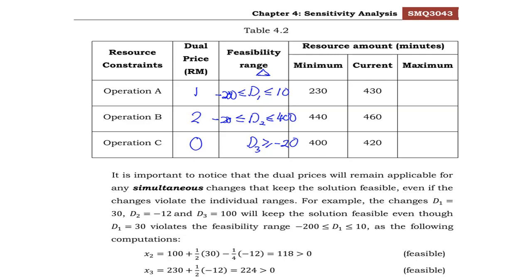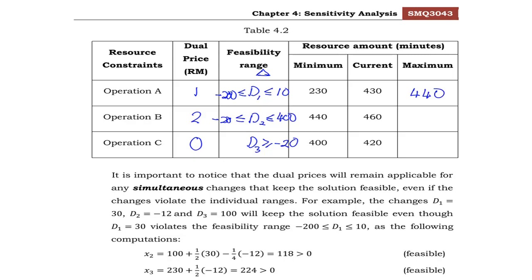So 430 minus 200, we get 230. And it can be increased by 10 units. So plus 10, you get 440.